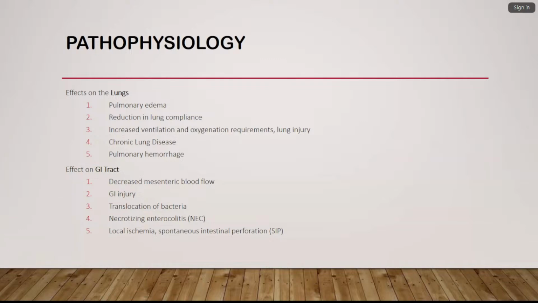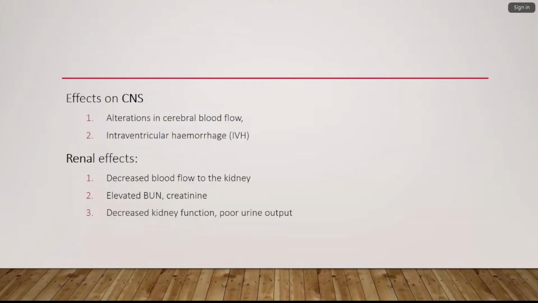Also, it affects the GI tract, which causes decreased mesenteric blood flow, GI injury, NEC, and local ischemia leads to spontaneous intestinal perforation. In the CNS, it affects the cerebral blood flow, as there is alteration in cerebral blood flow, and sometimes it also causes IVH. In renal, there is decreasing kidney function or increasing creatinine level.